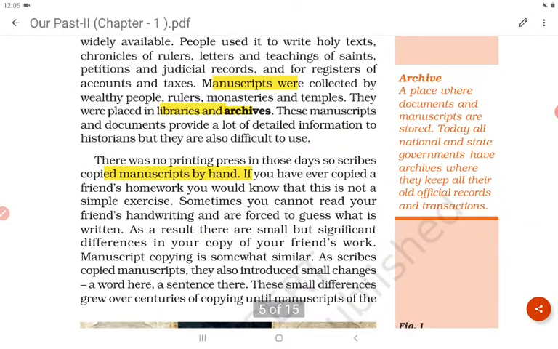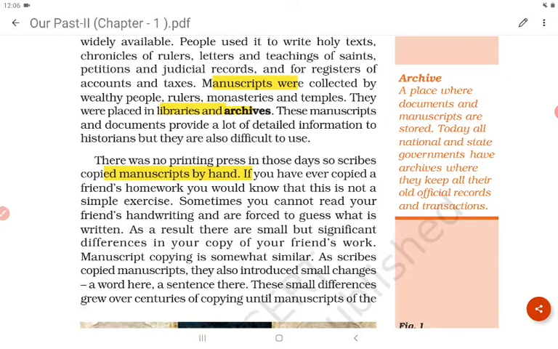People used it to write holy texts, chronicles of rulers, letters and teachings of saints, petitions and judicial records, and for registers of accounts and taxes.